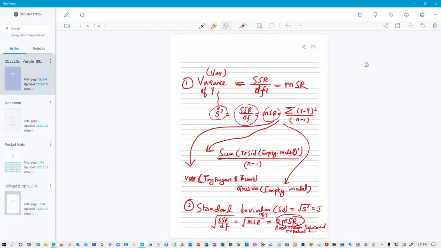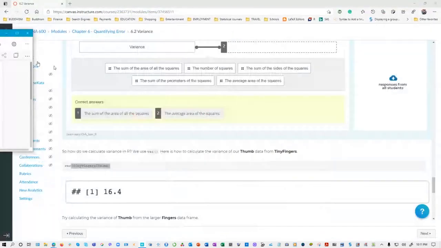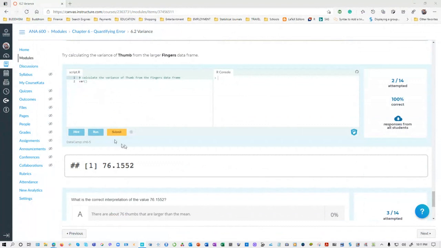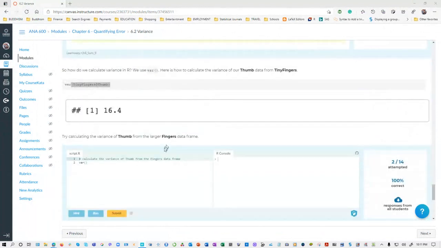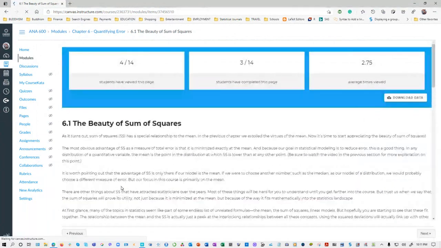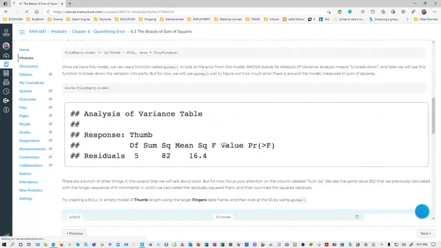You can remember you got this either this way or this way. If you go back to what we had, 16.4, that's the mean squared error.